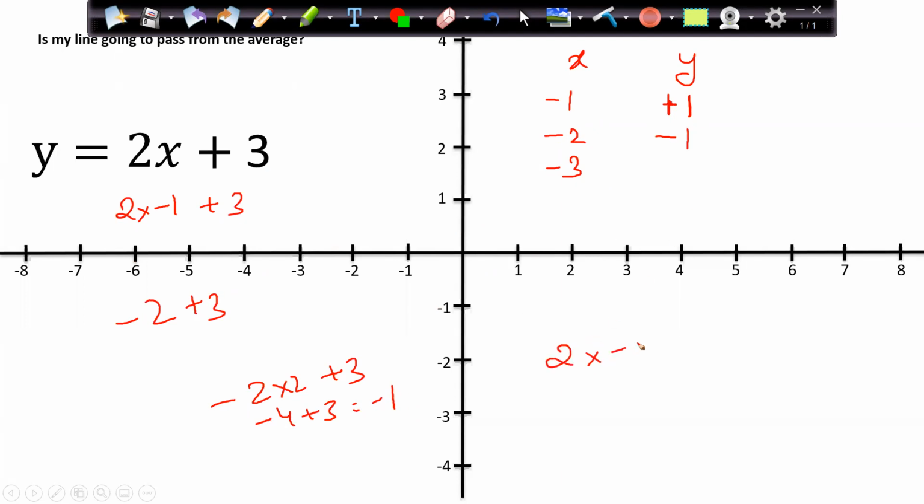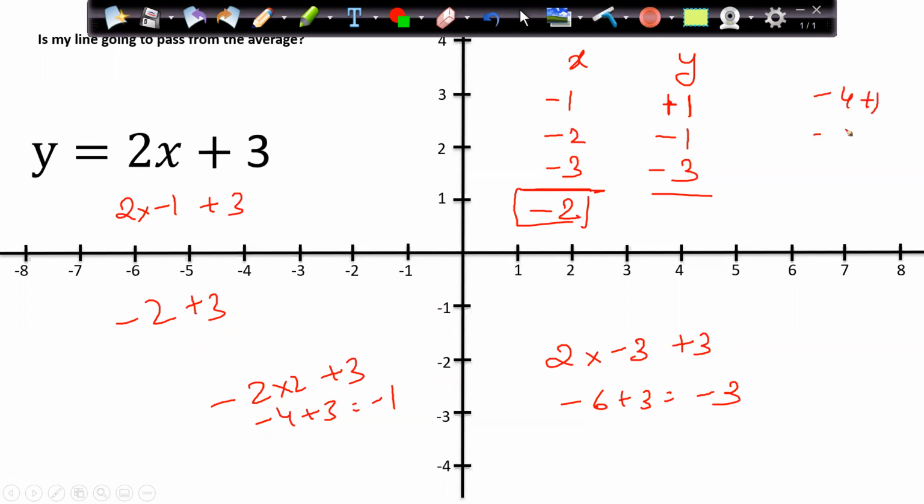And 2 into -3 plus 3, that is -6 plus 3, that is -3. Let's take the average. -3, -4, -5, -6, -6 by 3 is -2. Minus 3 minus 4 plus 1. So -4 plus 1 is what? -3. -3 by 3, that is -1.